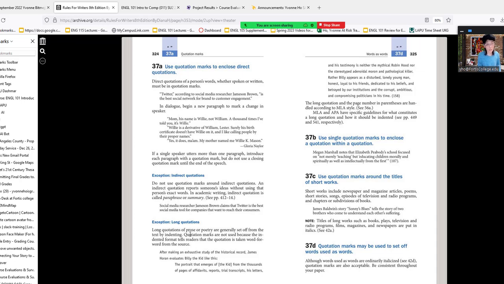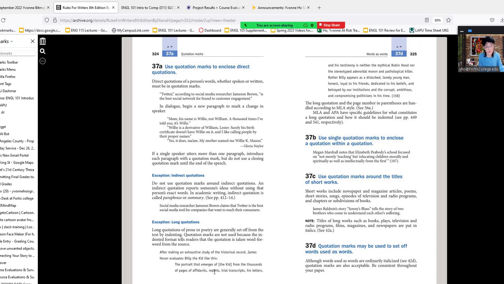Long quotations of prose or poetry are generally set off from the text by indenting. Quotation marks are not used because the indented format tells readers that the quotation is taken word for word from the source. After making an exhaustive study of the historical record, James Horan evaluates Billy the Kid like this.